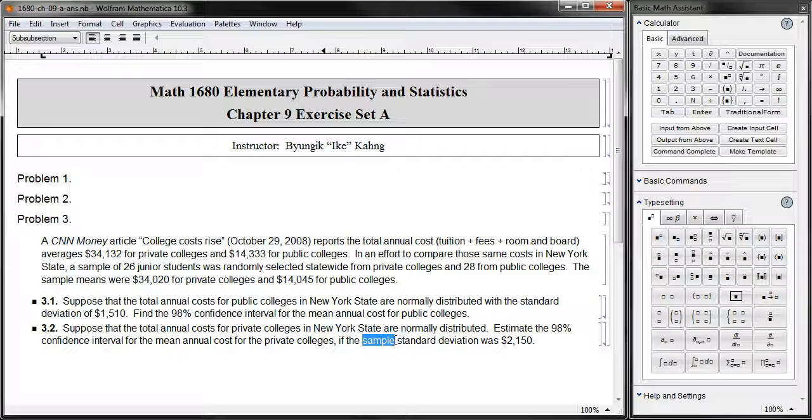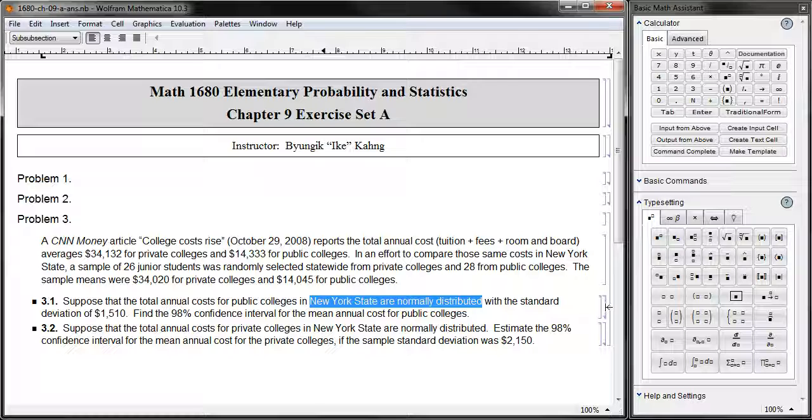Here in the first problem, I did not specify whether this is population or sample standard deviation. It came with the indirect hint that this standard deviation came in the same sentence as the description of the population. There's a subtlety there.